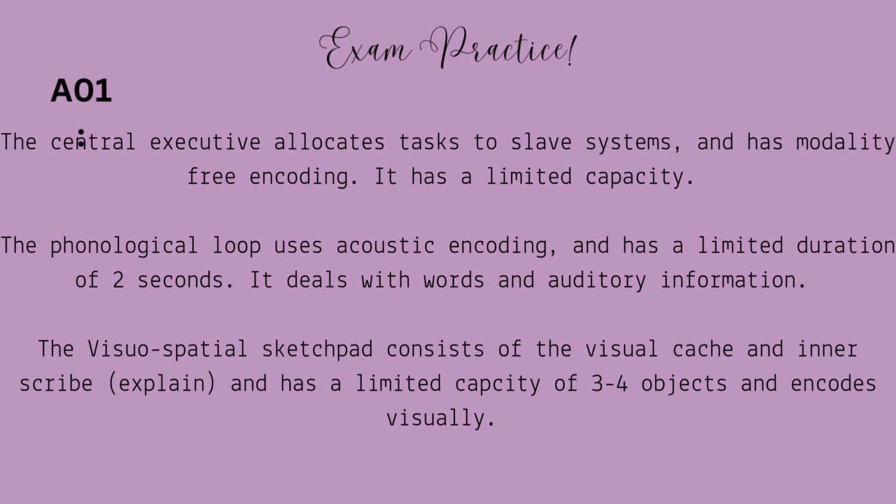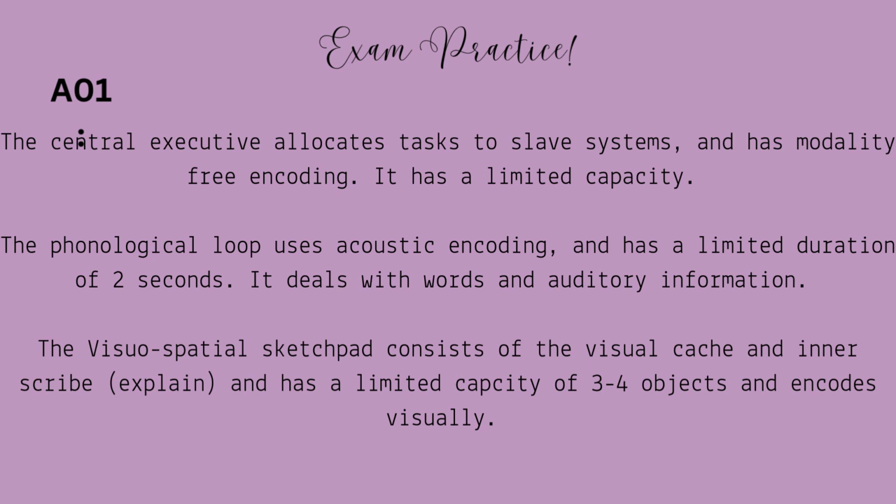So just to recap what we've learned in the video, you can talk about any of the components that you want. Realistically, because it is 6 marks and they're asking for three components, that would logistically mean 2 marks per component. So just name it and include a slight description of it, and that should get you all the marks. In the example I've written here, it has a central executive, phonological loop, and visual spatial sketchpad. You can include the main responsibility of it.